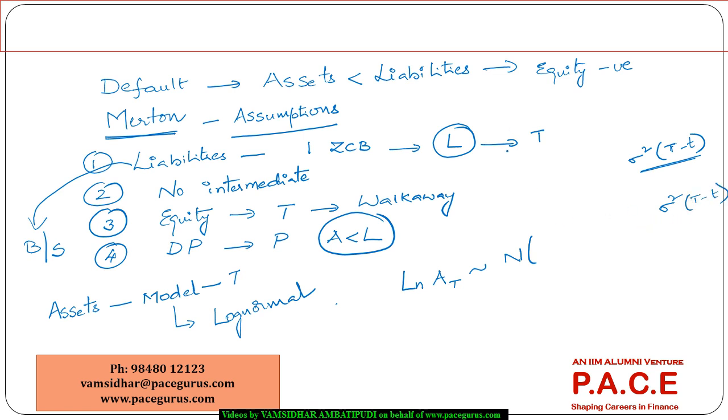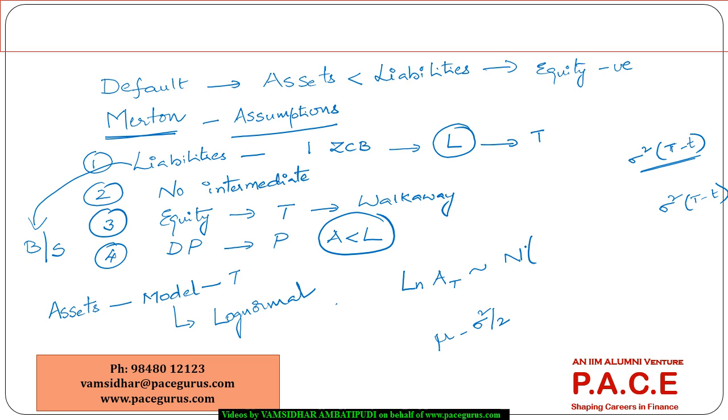And what about the mean? If you remember, for a log normal distribution where the logarithm of it follows a mean mu and the variance is sigma squared, I can take the mean as mu minus sigma squared by 2.